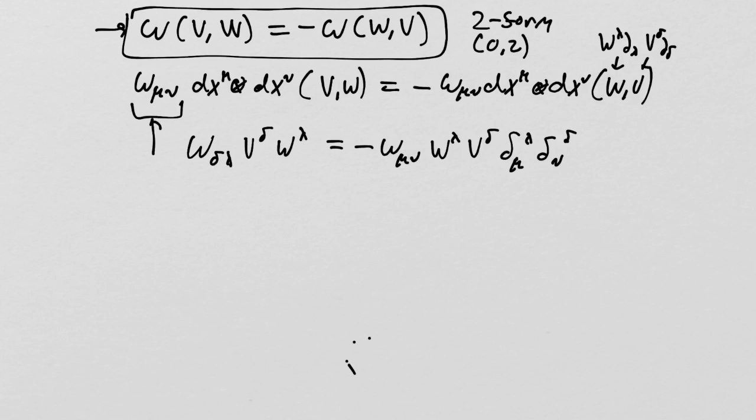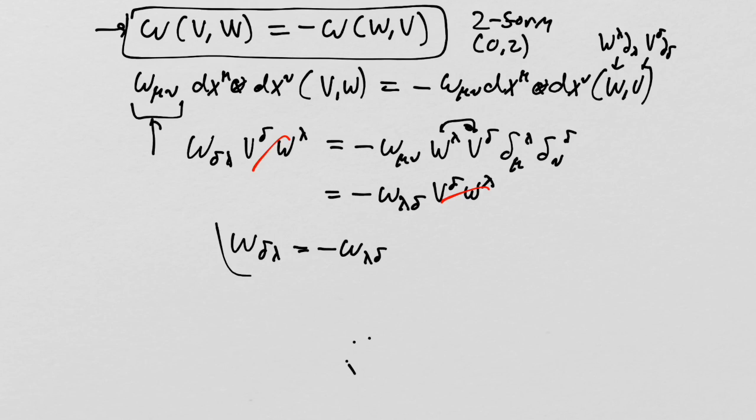So if we impose that on the component, we get minus omega lambda delta and v delta w lambda, where I just flipped these two in order to make it look the same. Because the next thing you see is this cancels with that, and the final constraint ends up being omega delta lambda equals minus omega lambda delta. And that's the constraint on the coefficients that forces the antisymmetry of the tensor.